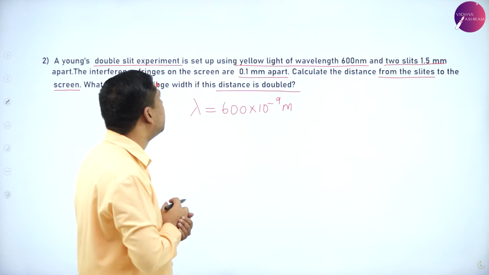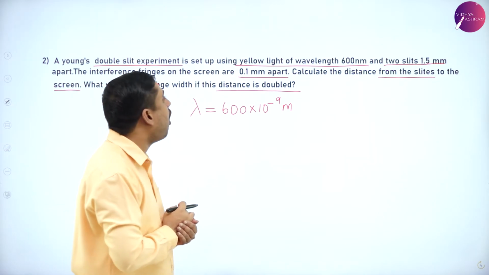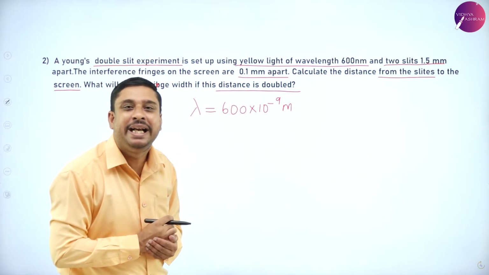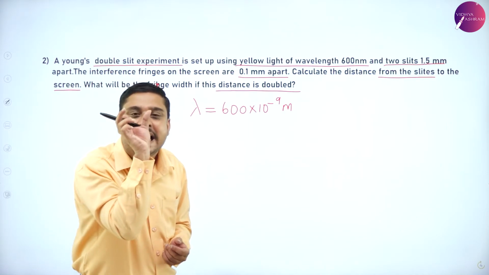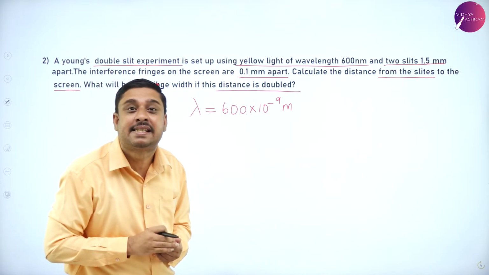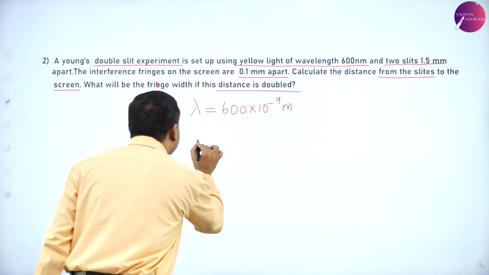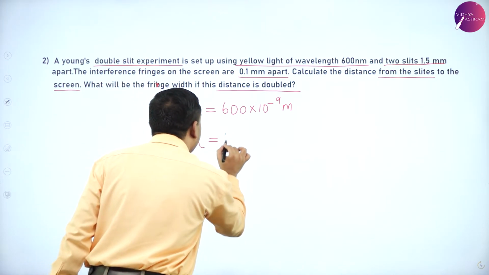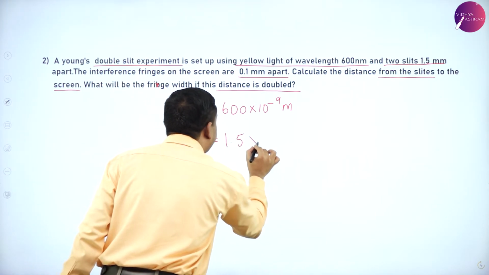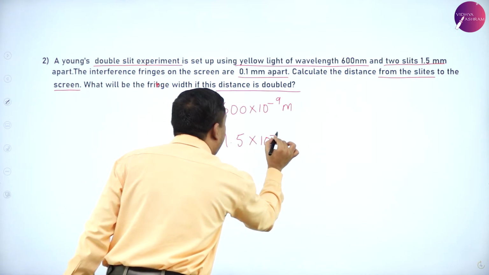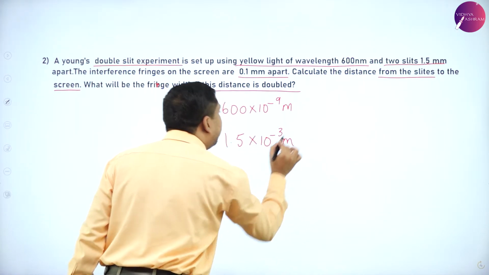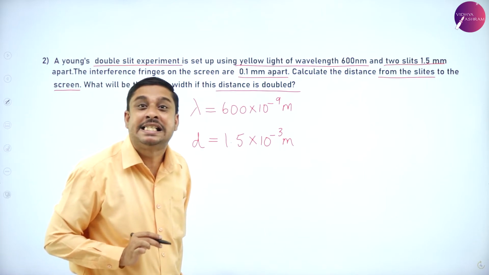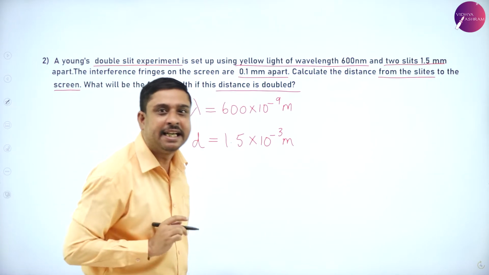And the two slits 1.5 millimeter apart. Distance between the slits is always small d, 1.5 into 10 power minus 3 meter, because it is given in millimeters.